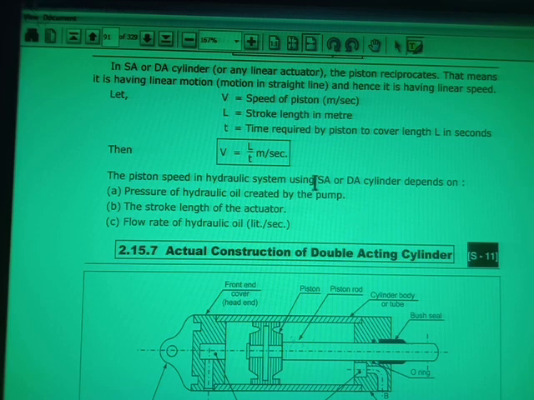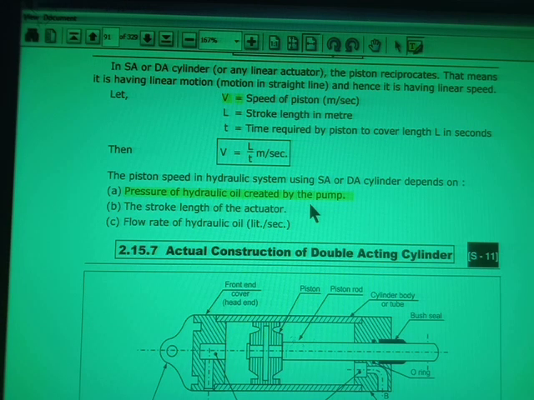Now on which parameters does the velocity of the piston depend, whether the piston will move very fast, or slowly, or with moderate motion? Number one, the speed of the piston depends upon the pressure of hydraulic oil created by the pump. When the pressure is higher, ultimately the speed of the piston will be more.